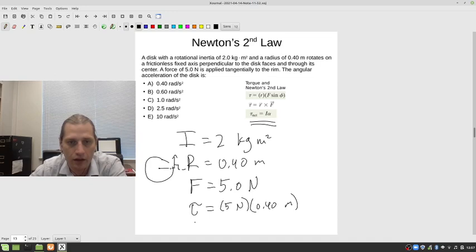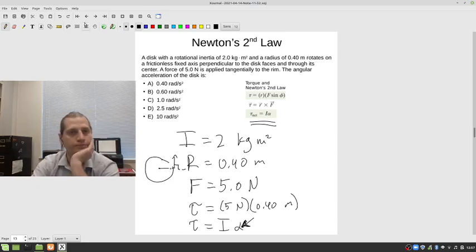And then that torque would be I times alpha. Okay, so you get to find that alpha, and if you put in this torque in good units, this I in good units, you can go ahead and solve for alpha. So to my mind, this is a very fair question, and I would expect to see something very similar to that on the test.